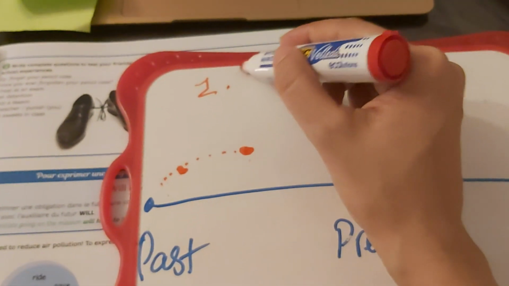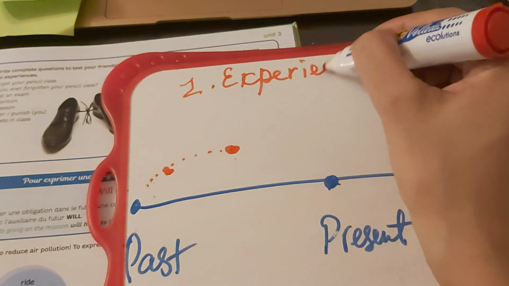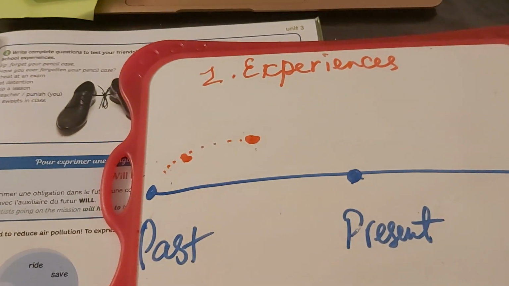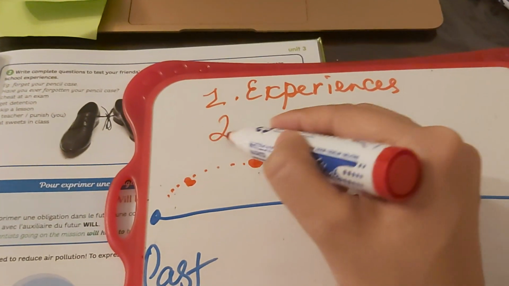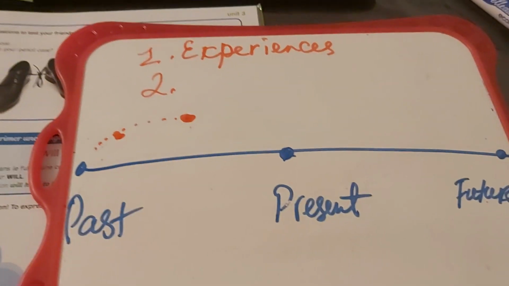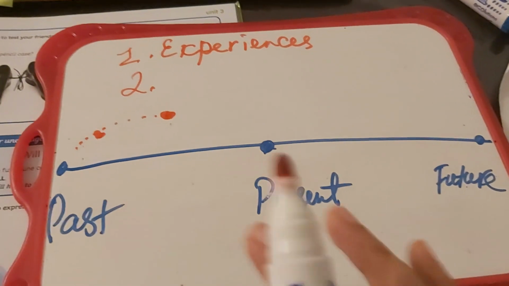On a dit c'est pour experiences, when you talk about experiences. And the second situation, on a dit la deuxième situation qu'on utilise, c'était pour voir le résultat. Donc, quelque chose que vous avez commencé au passé et on vient de voir le résultat.